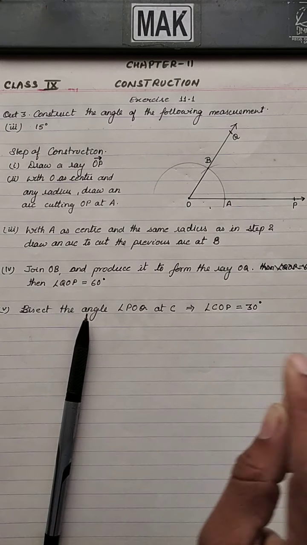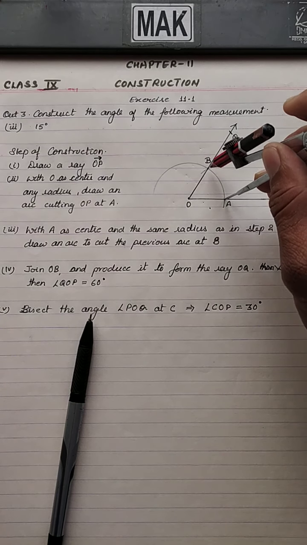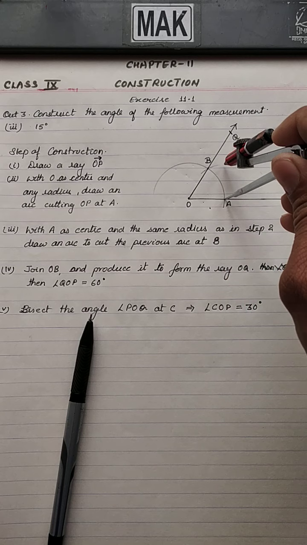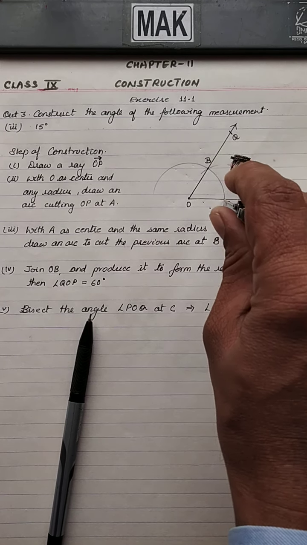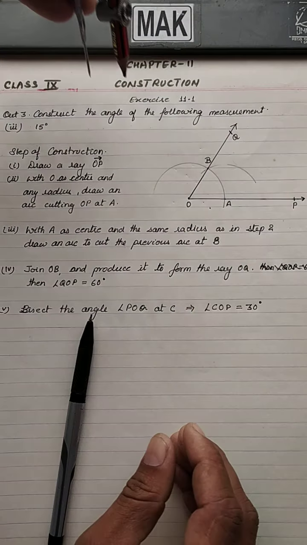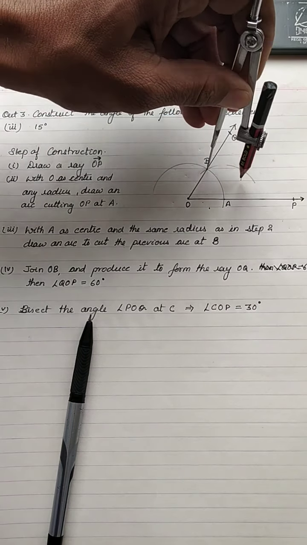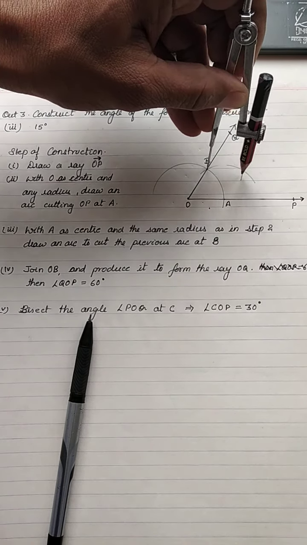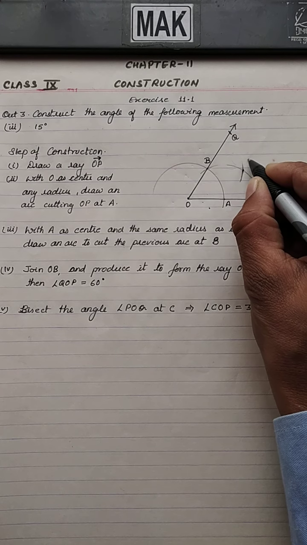Now I am going to show how you can draw a 30 degree angle. Taking A as the center, with more than half of AB, draw an arc at the top on this side, and taking B as the center, cut the arc of the previous step at C. So it will be your point C.